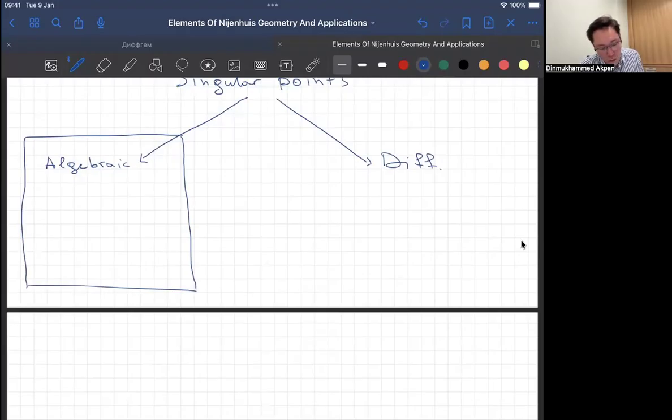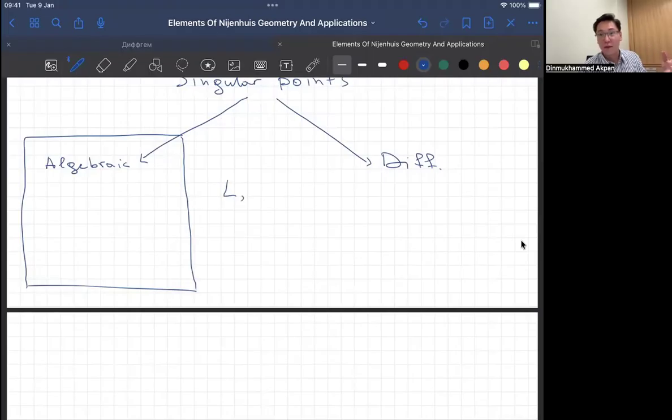What are differential singular points? Again, we have an operator field, and every operator field has n naturally defined functions.